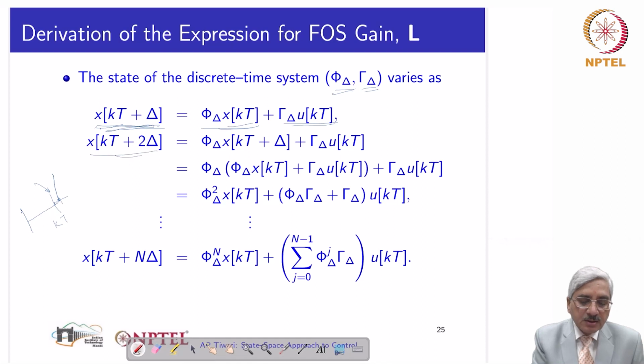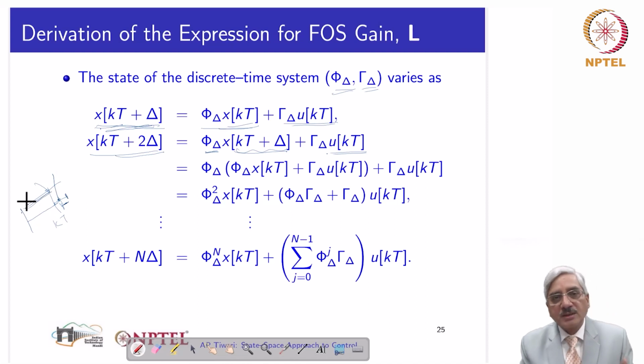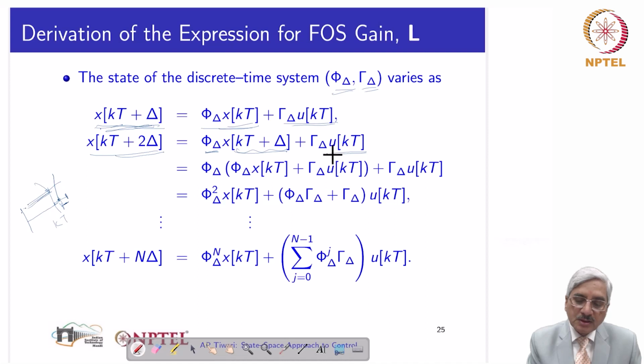Now x kt plus 2 delta will be phi delta at this previous instant. So if we consider the state here, it will be the state transition matrix into the state here: phi delta x kt plus delta plus gamma delta u kt. Now because the input is constant throughout the large sub-interval t, that is why we are using u kt.